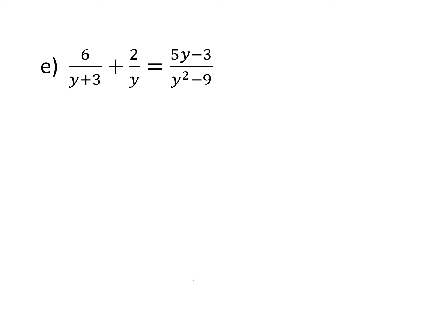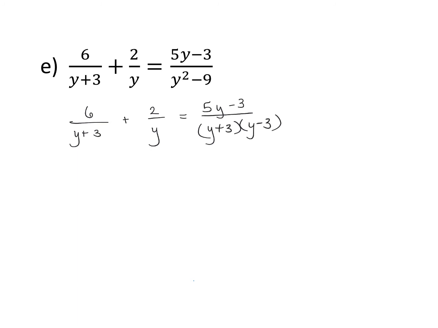So I'm going to rewrite this as 6 times y plus 3 plus 2 over y, and then I'm going to factor my y squared minus 9, which is a difference of two squares, as y plus 3 and y minus 3. I now need to identify my least common denominator and my excluded values.